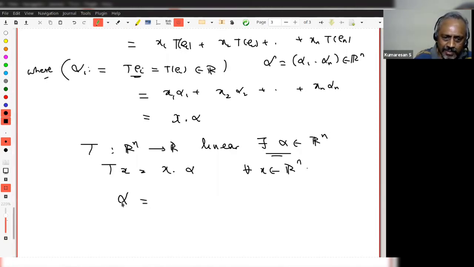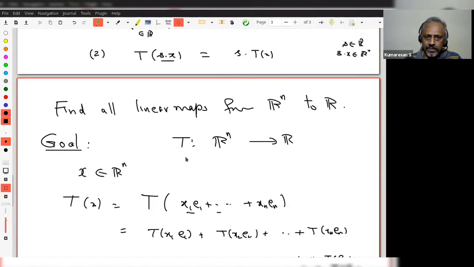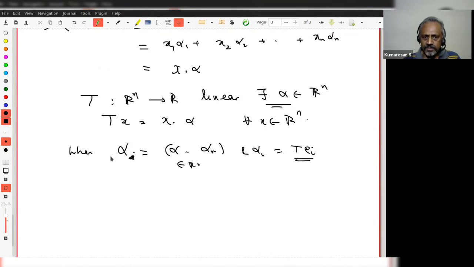Alpha is alpha 1 to alpha n, and alpha i is T of Ei. Since T is given to be a linear map, T of Ei is a real number, call it alpha i, then form the n-tuple alpha. This is a vector in Rn. So I know this vector. Do you understand? So we actually found out any linear map T from Rn to R is of the form x dot alpha, where alpha is determined very precisely.